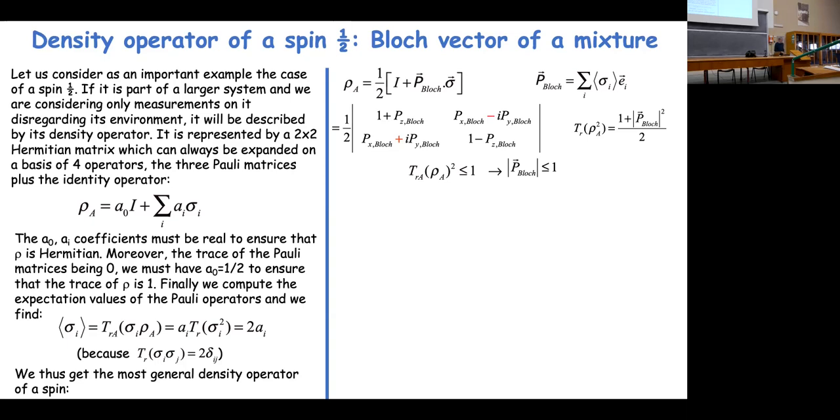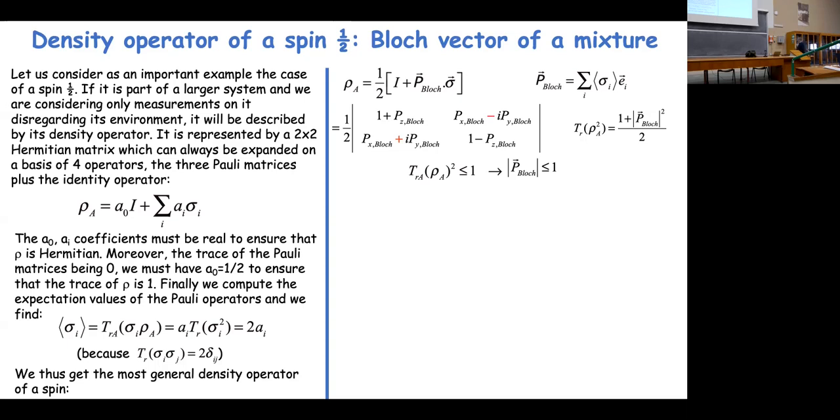And you find that the trace of rho squared is equal to (1 plus p squared) over 2. What can we say about that? We want this to be smaller than or equal to 1. So this requires that p squared has to be smaller or equal to 1. So the norm of the Bloch vector has to be smaller or equal to 1.